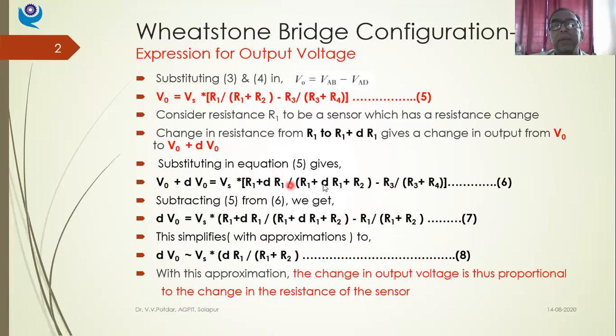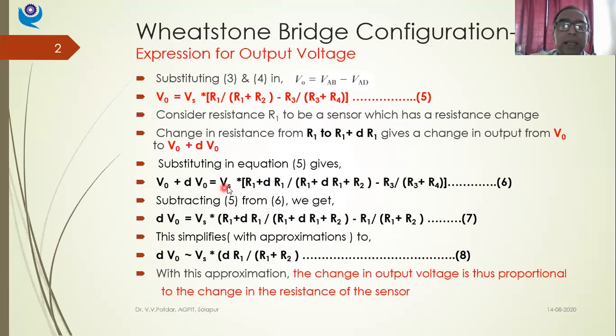So subtracting 5 from 6, V0 plus dV0 minus V0. What will remain? This V0 and V0 will get cancelled. Only dV0 will remain on the left hand side. Now, Vs into this part. So what will be the term? Just try to do it, whatever I'm telling.